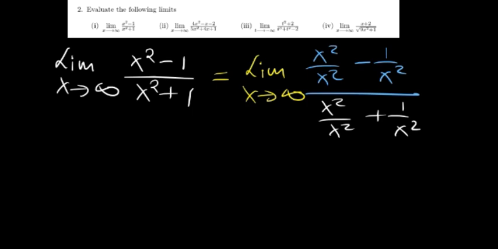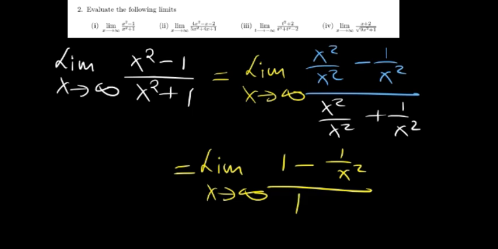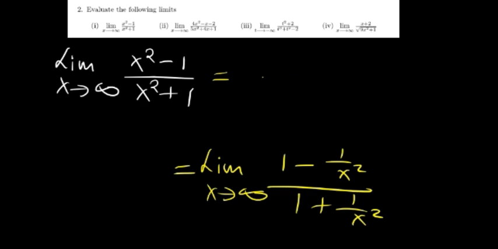So after we've done that, on our next stage, the limit as x approaches infinity of x squared divided by x squared gives a 1. Then the other part, you also have a 1, plus 1 over x squared. At this point, you are now able to distribute the limit.